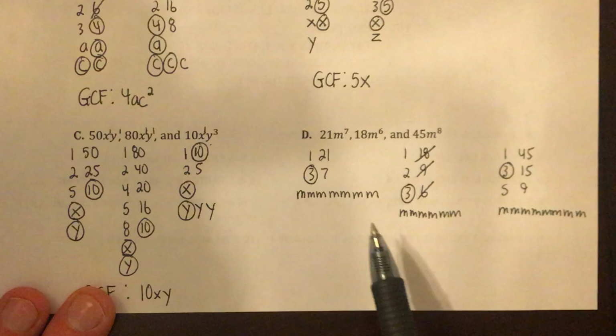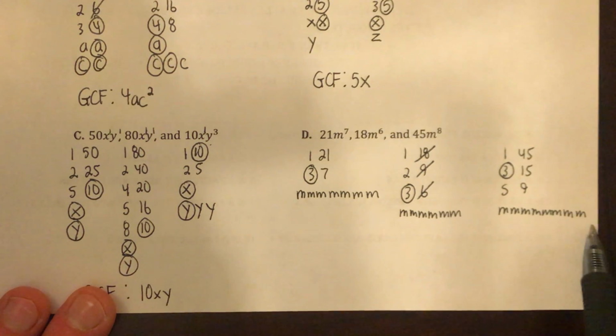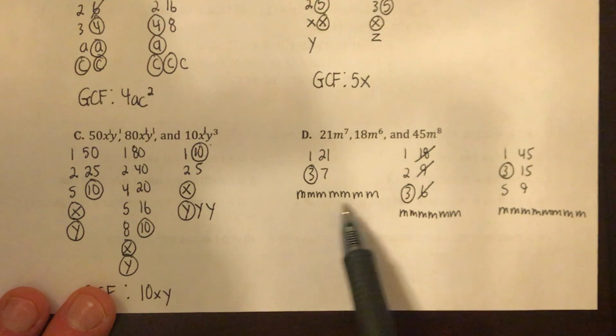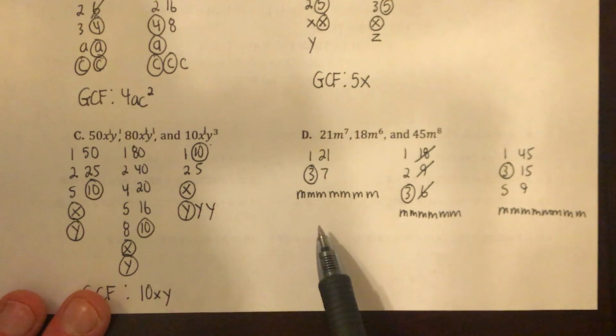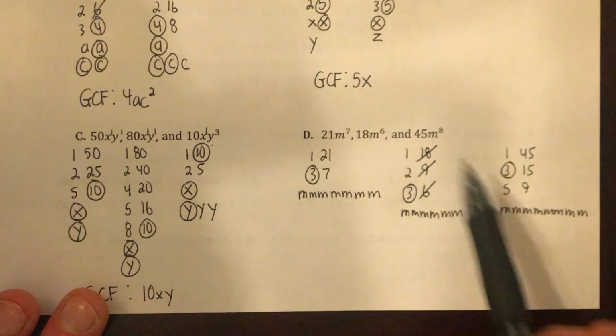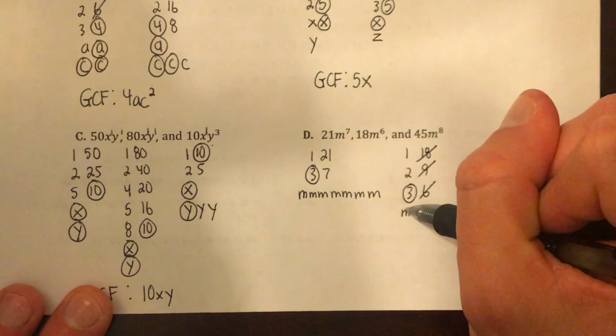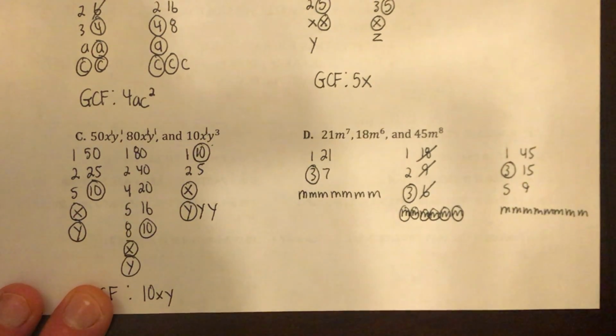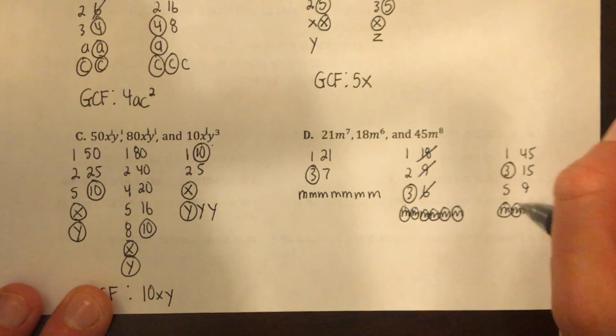Now we've got to go to those lists of m's. Well, this list had 8 of them, this had 6, and this had 7. So what's the greatest amount that's in every single list? Well, it's always going to be the smallest amount. So we've got 1, 2, 3, 4, 5, and 6. And I can have 6 here.